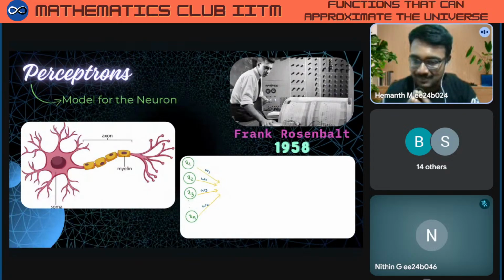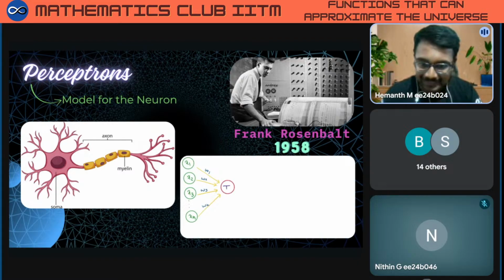Now it is you who decide whose information you give more importance to. For example, you may give more importance to what your teacher says than what your friend says, or sometimes it can even be vice versa. So it's like you have stored these weights in your brain. Weights are basically how much importance you give to each of these inputs.